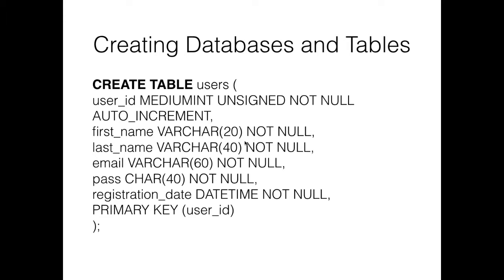Okay, so we're saying they can't be null. Email, varchar 60, variable characters, 60 characters, not null. Password, char 40, not null. And then registration_date happens to be of type datetime and not null. And the primary key is user_id. That means the key that we're going to use to look up data, the thing that's going to have unique values, is the user_id.